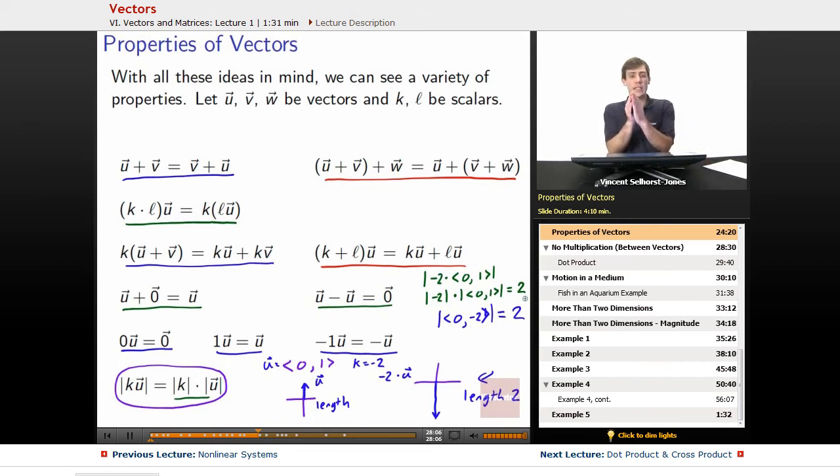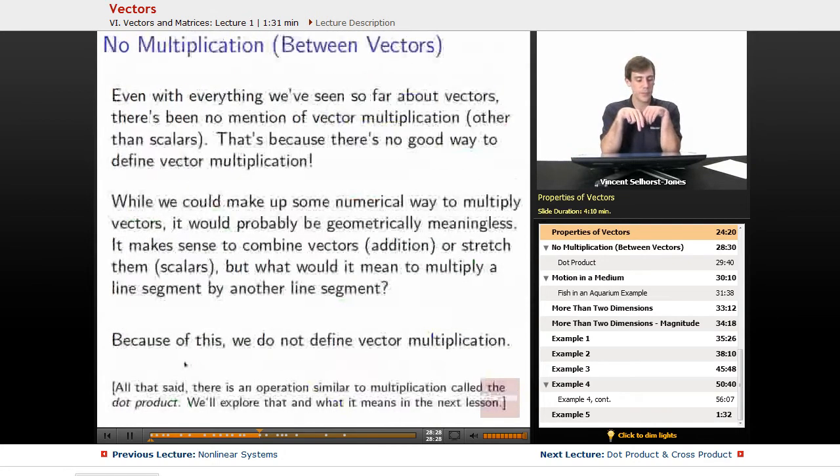So the reason we've got absolute value on the scalar here is because it doesn't matter that we're flipping and pointing in a new direction. Ultimately, length is always going to come out positive, so we can't let a negative k cause our result to come out as a negative length, because that just doesn't make sense. So we've got to figure out a way for it to always stay positive, and that's why we've got this absolute value here.